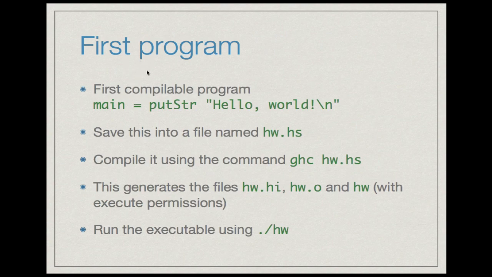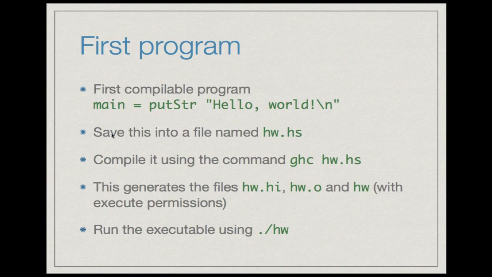Here is an example program. In fact, this is the simplest compilable program that we can write. main = putStr "hello world\n", where putStr stands for put string, with a new line character here. So this, as the name suggests, puts a string on the screen.